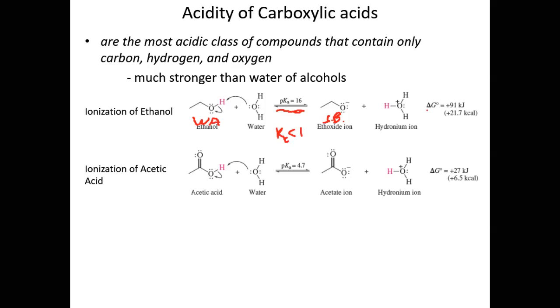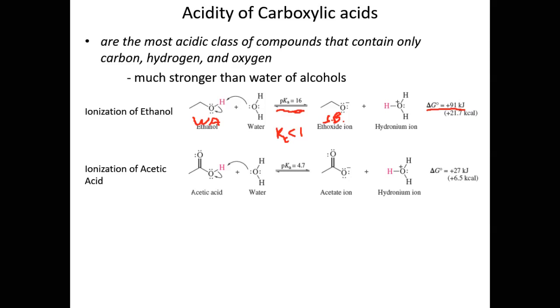And you see here that delta G is positive. We'll learn more about that later, but when delta G is positive, it means something is non-spontaneous. It takes energy for it to happen. So this is delta G positive 91. It takes a lot of energy, so ethanol doesn't really like to ionize.